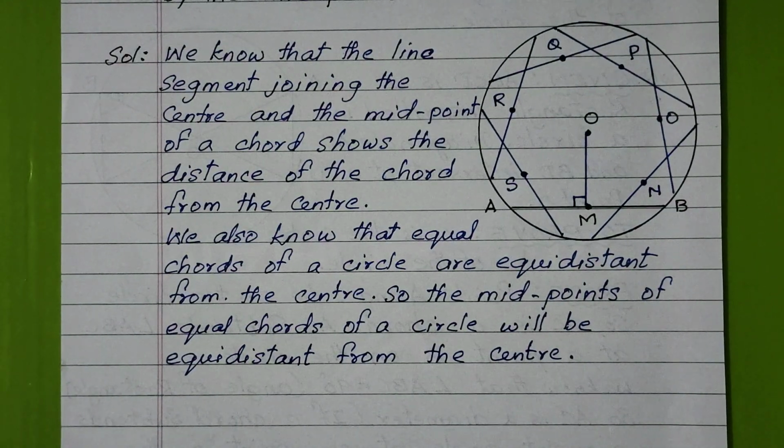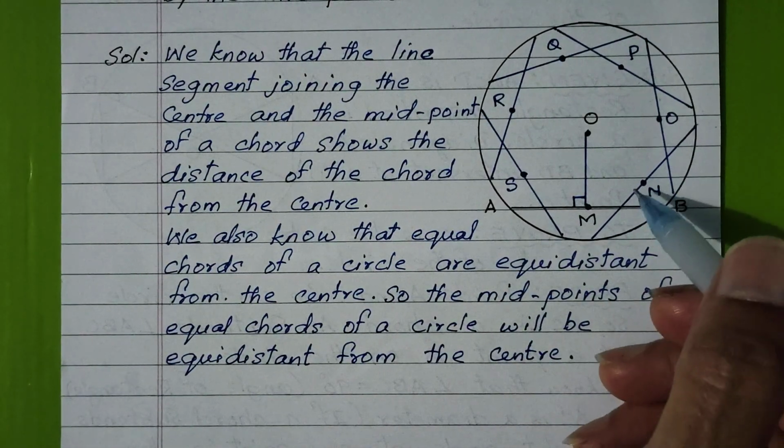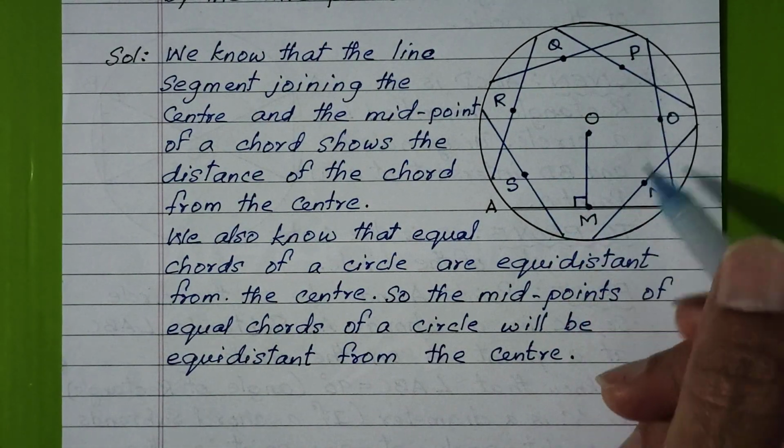All these points are at equal distance from the center. So when we join all these points, we'll get a circle.